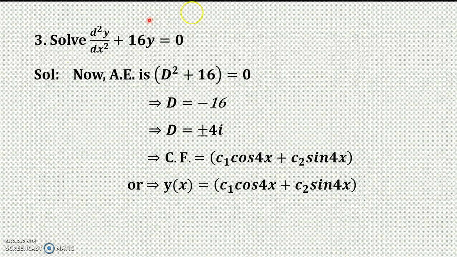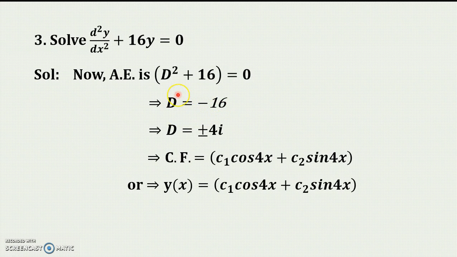In the next example we see d2y by dx square plus 16y equal to 0, so obviously the auxiliary equation becomes D2 plus 16 equal to 0. After shifting this 16 to the right hand side, we get D square equal to minus 16.